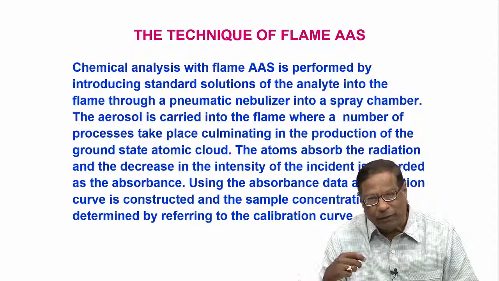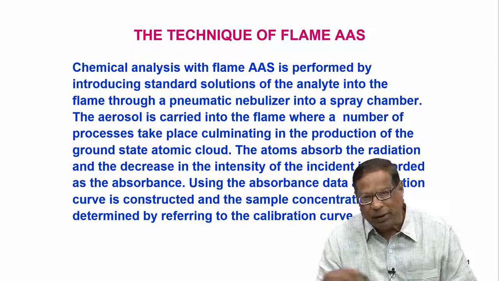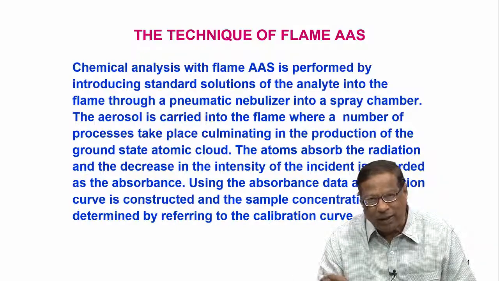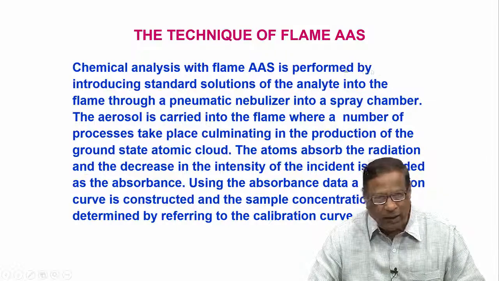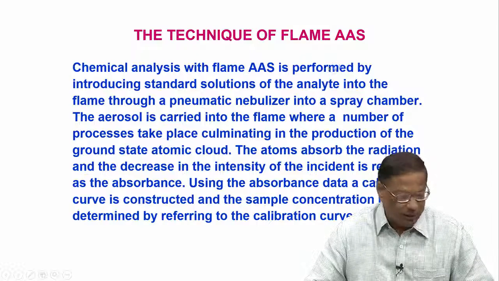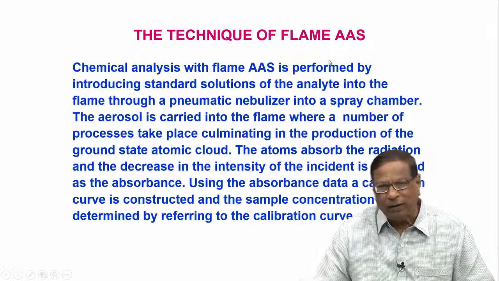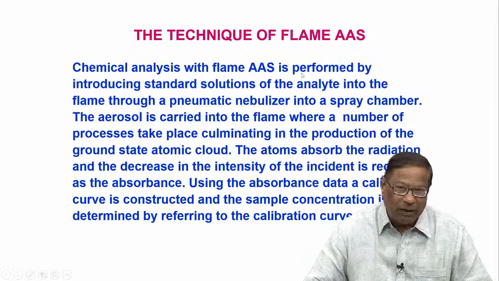Then you take it out, put your second sample, 2 ppm, record the absorbance, then 3 ppm, and you plot all the absorbances versus concentration; that is your working curve. Then you put your unknown sample, record the absorbance and refer it to the calibration curve, which tells you the concentration of the element.